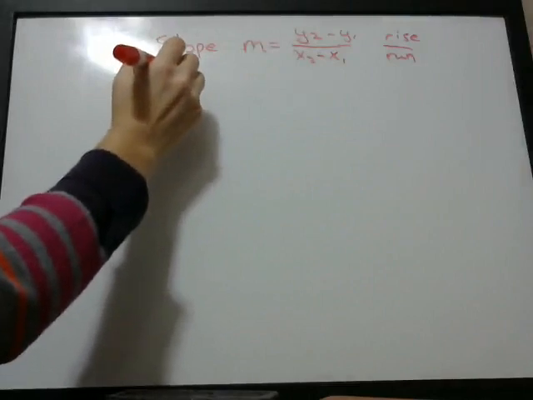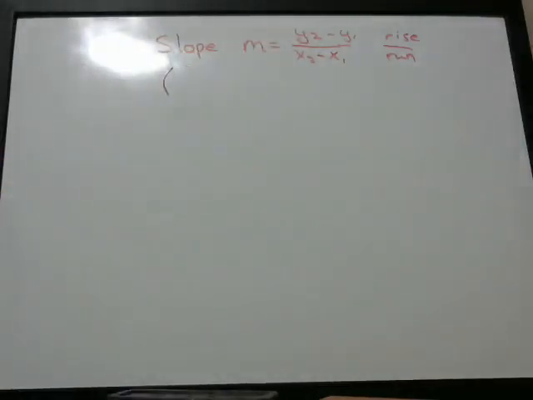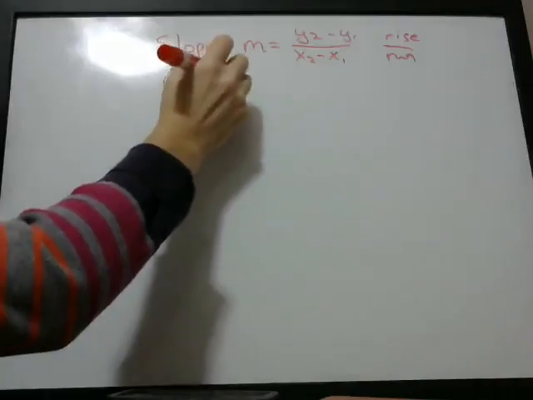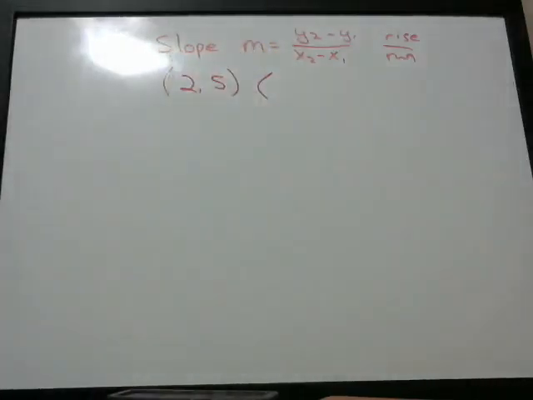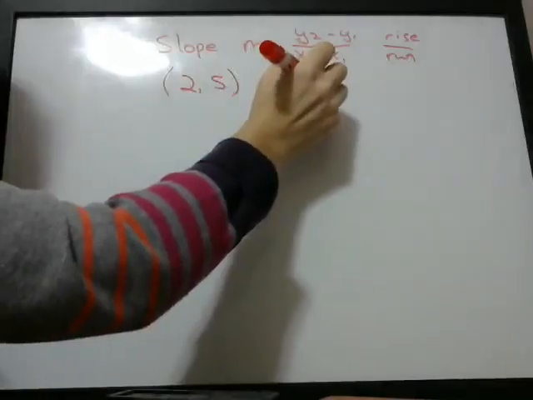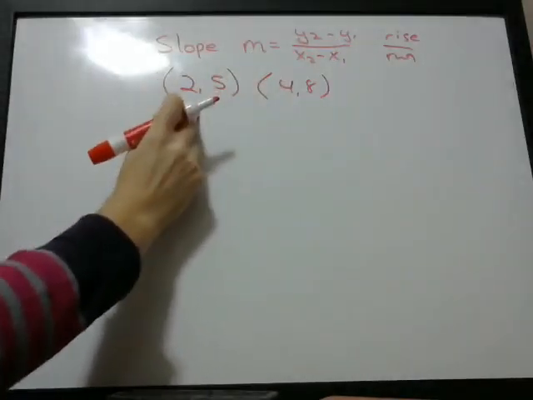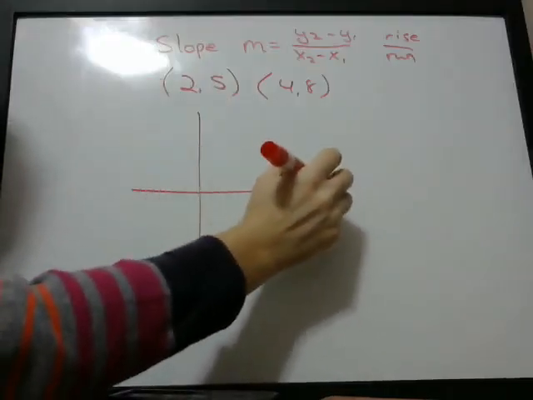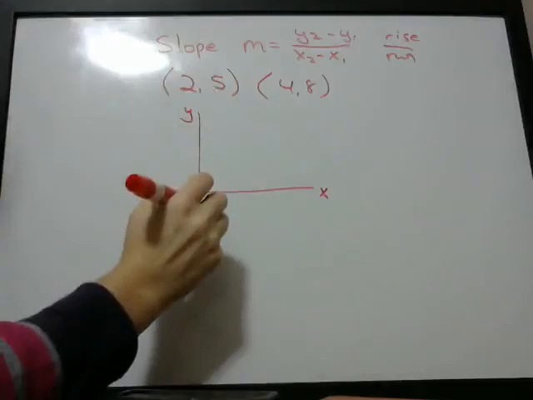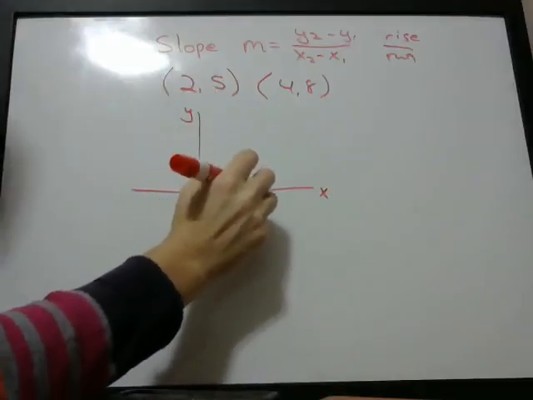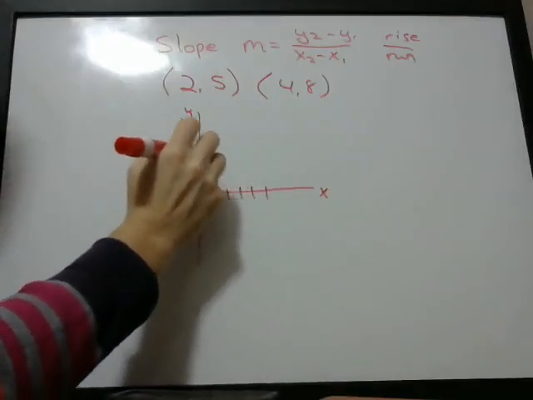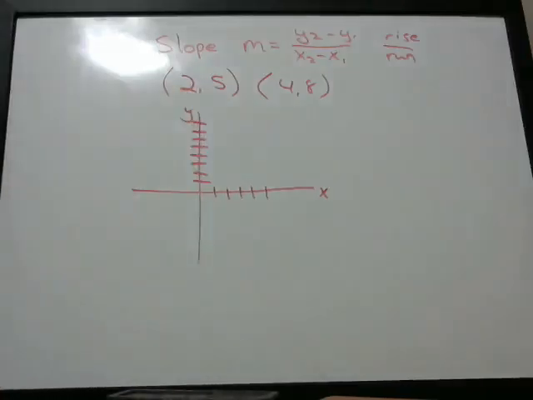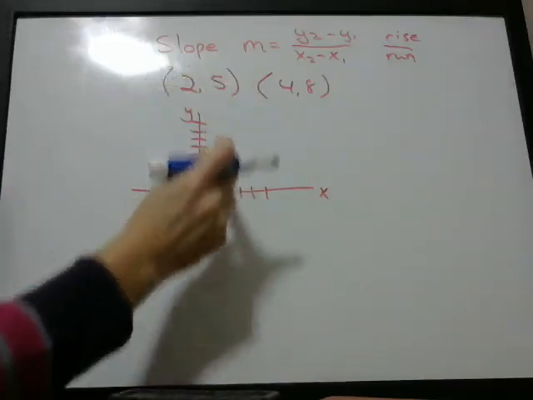But you're going to be given 2 points. So let's say we're given points (2, 5) and (4, 8). So here are 2 points, right? If we're going to plot this, again we have the x-coordinate and the y-coordinate. 1, 2, 3, 4, 5. 1, 2, 3, 4, 5, 6, 7, 8. So we're going to plot these 2 points. The first point is (2, 5).